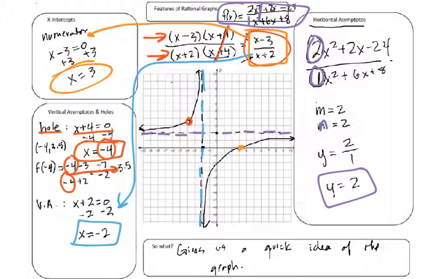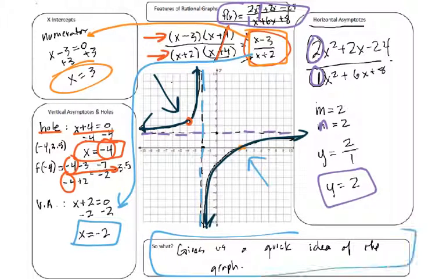Then because the x-intercept's here, I know that I draw this graph on this side, coming up through it, and then back to the other one. Because our hole is here, I know that this is where the other side is. So basically, using these 4 aspects, we can get a quick idea of what the graph looks like. Now, is this exactly what it looks like? Probably not, but we've got the major points, and that's all we need for right now.